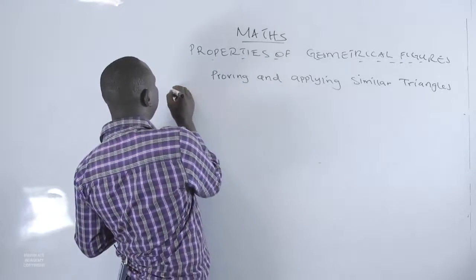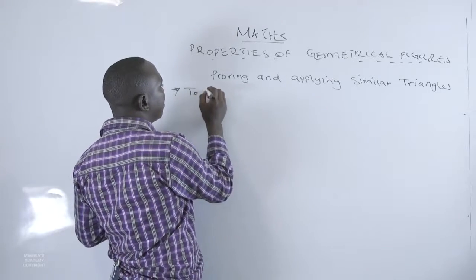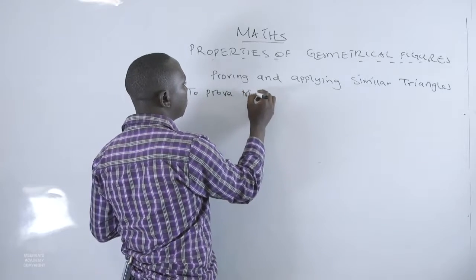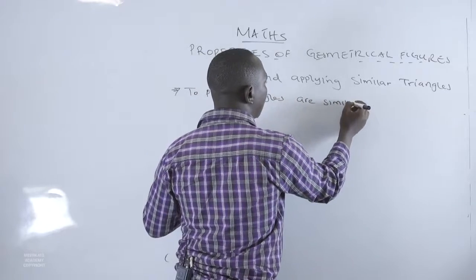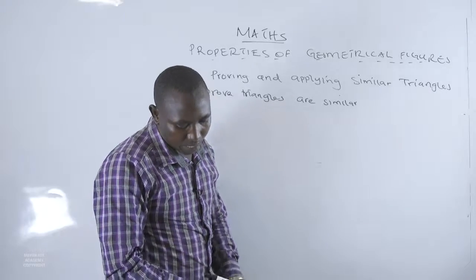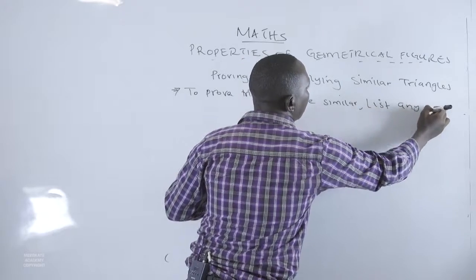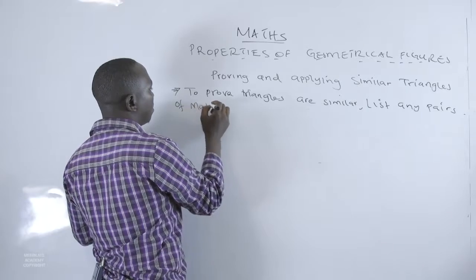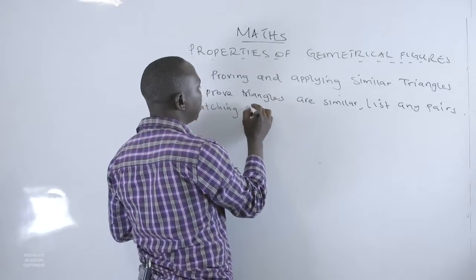One, to prove that triangles are similar, we first list any pairs of matching angles or sides in a given ratio.